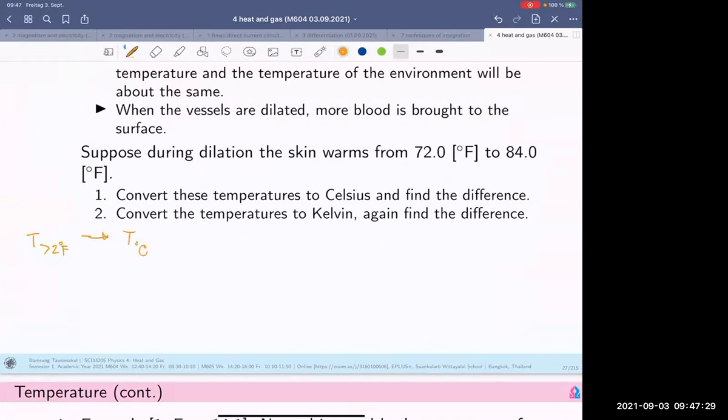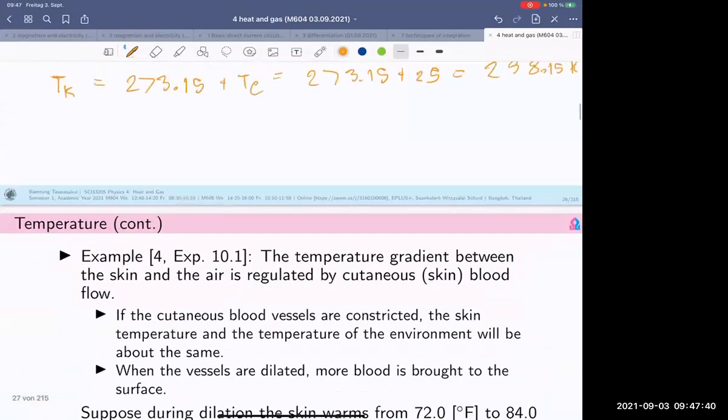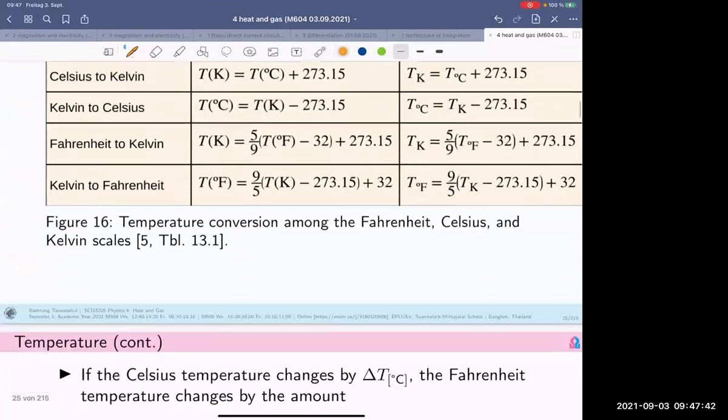So we would formulate this by using this expression: T in Celsius is 5/9 times T in F minus 32. Oh no, 9/5, 5/9.